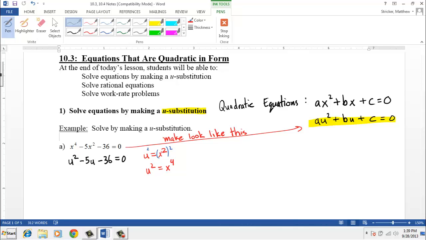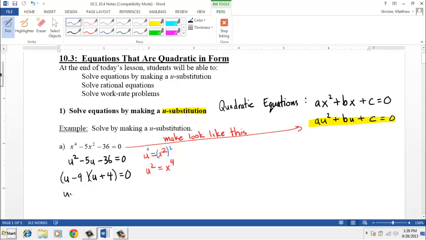And this now is something that we know how to solve, because it's now a quadratic and it's factorable. We could factor it to U and U, and this would be U minus 9 and U plus 4.